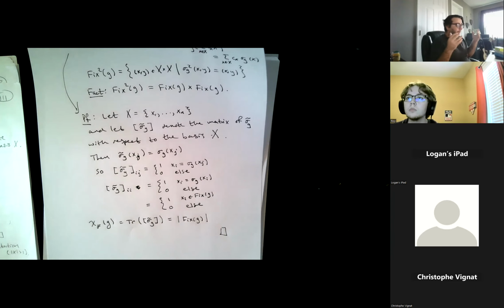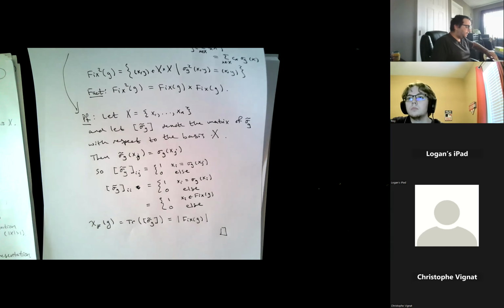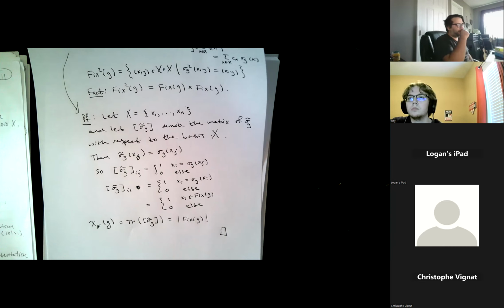All right, so we've defined this permutation representation. We know it's unitary. And moreover, we know exactly what the character is. It still depends on G, but we know that it's this very nice set. Like the regular representation, which we studied a while back, I think chapter 4 or 5.